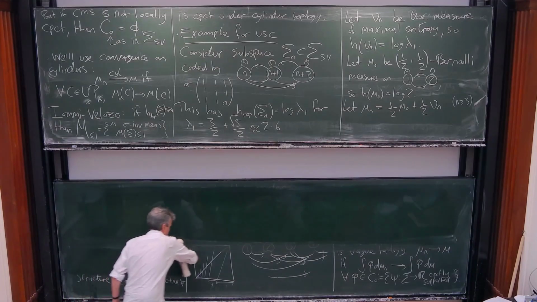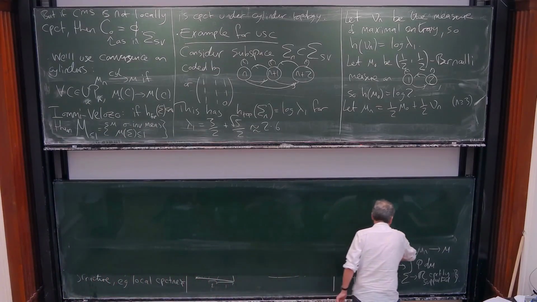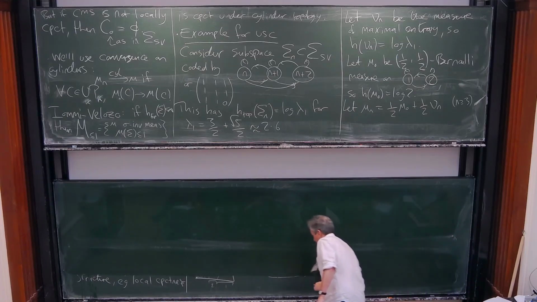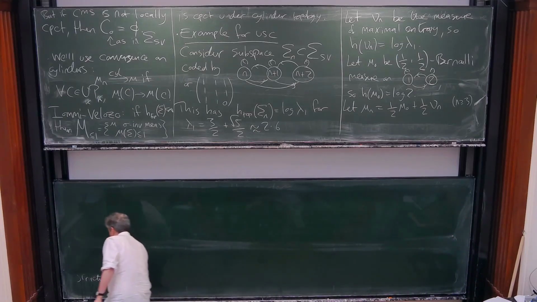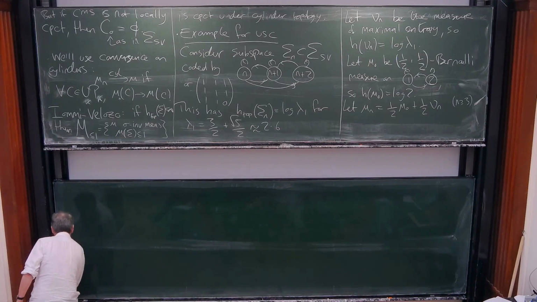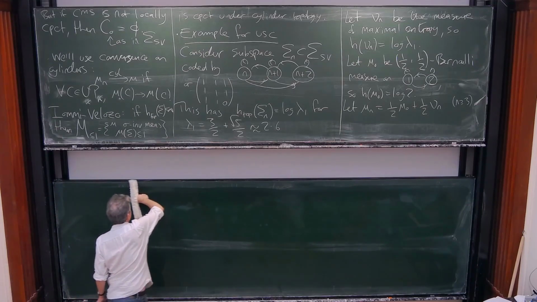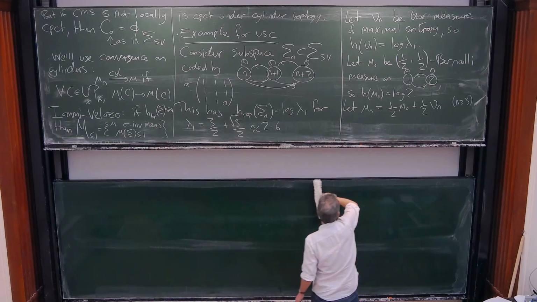Okay, so when I take the entropy of a sum of measures, that's going to be the sum of the entropies appropriately rescaled.